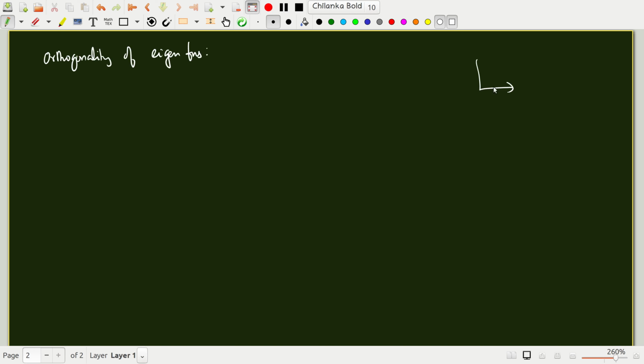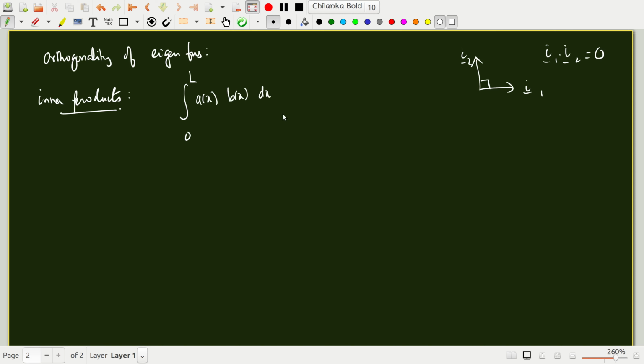Just as in geometry, two vectors are orthogonal because i1 dot i2 is 0, in a similar way you can define inner products for functions, which are the equivalent of dot products of vectors. The inner product of two functions is denoted as the integral from 0 to L of a of x, b of x dx. I'm assuming that a and b are real valued. I'll come to complex valued functions in a bit. Let's assume that these are real valued.